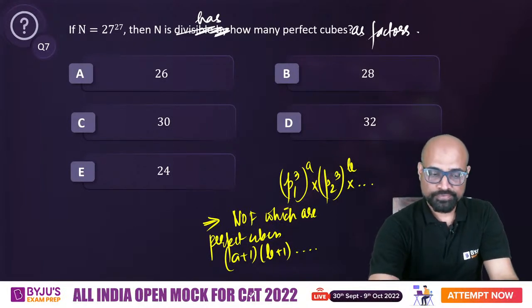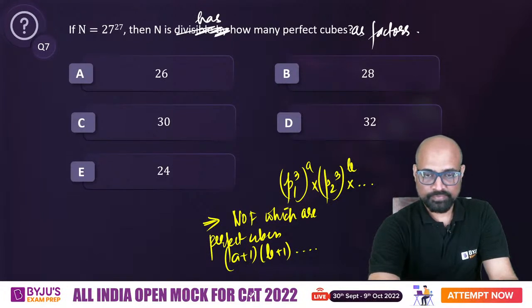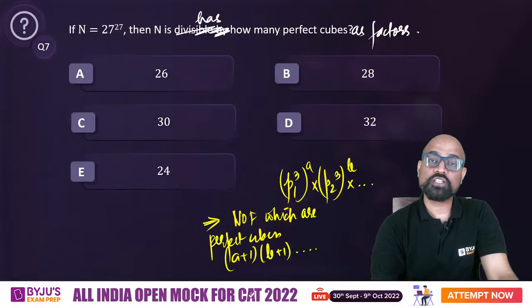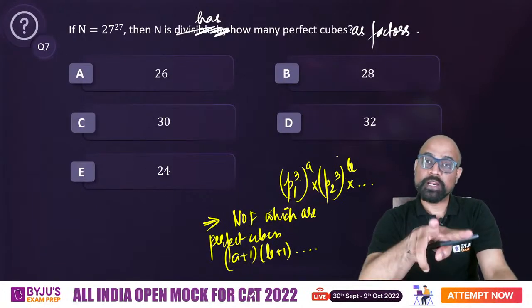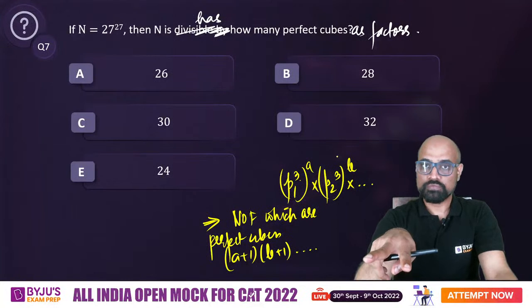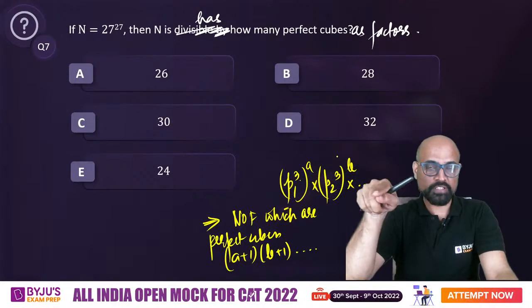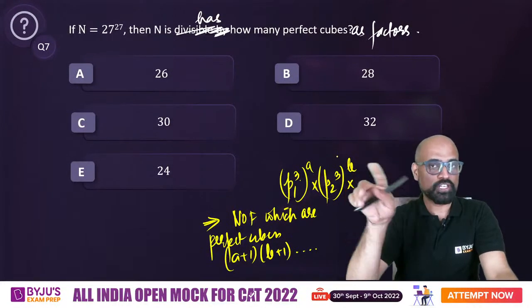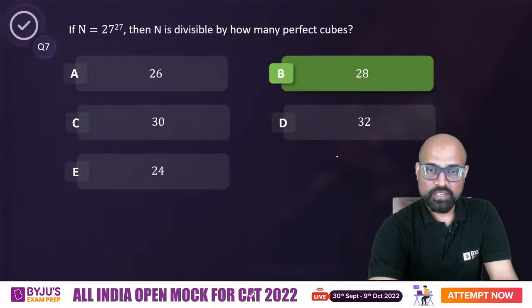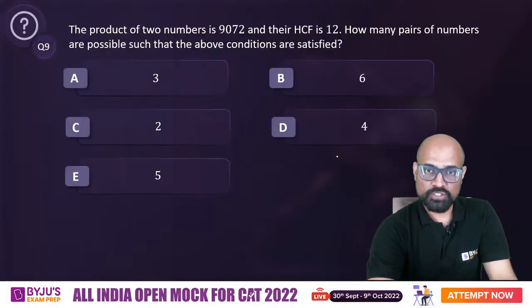Got it? ठीक है. और perfect square होगा तो instead of 3 you will bring in 2. 3 की जगह put 2 there. Okay, let's go to the next question.